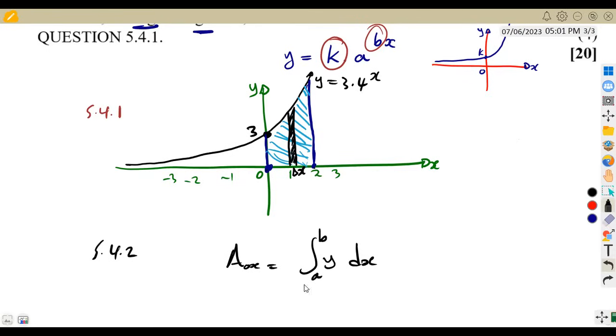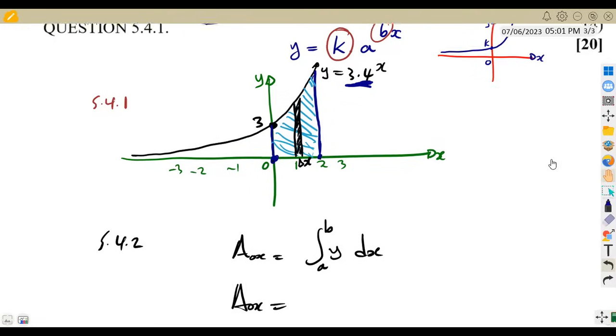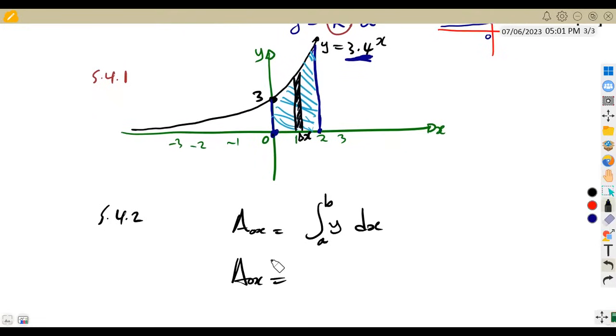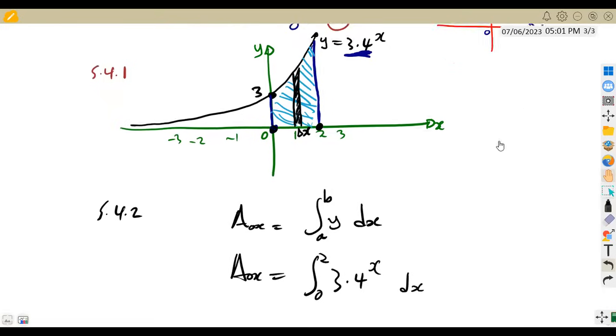So that means our area with respect to x is going to be y, which is the function that we're given, 3 times 4 to the exponent of x, with respect to x from the limits 0 up to 2. So it's taken from 0 up to 2. So what you're simply going to do is to integrate.